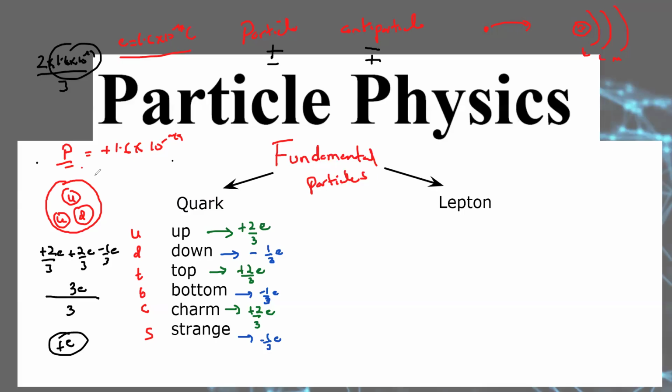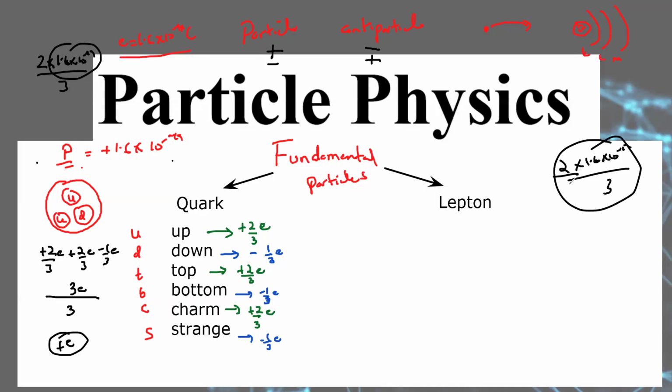Is it clear? Anyone having a doubt or a question up to this point? We can say that the relative charge of up is plus 1 and down is minus 1? No, this is a relative charge. Plus 2 by 3e is a comparative charge, compared to the electron. The actual magnitude will be 2 multiplied by 1.6 into 10 to the power minus 19 divided by 3.